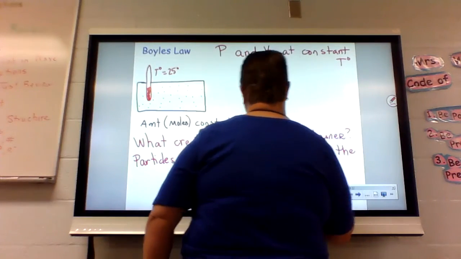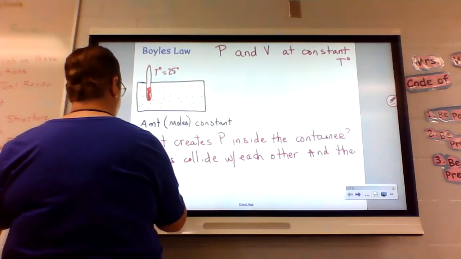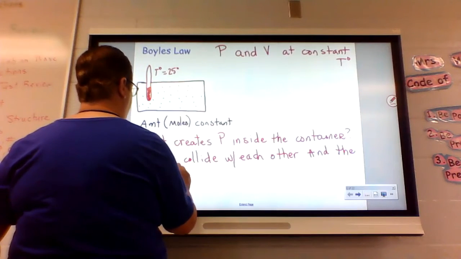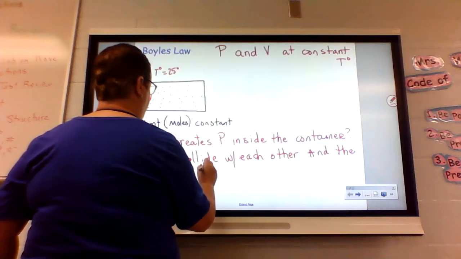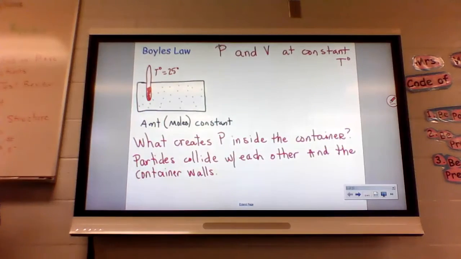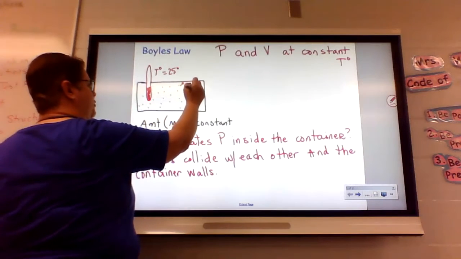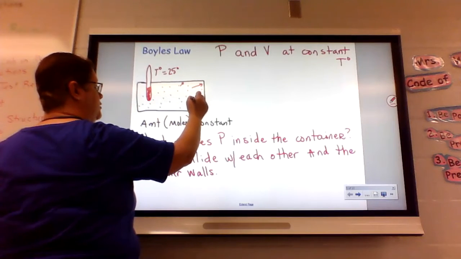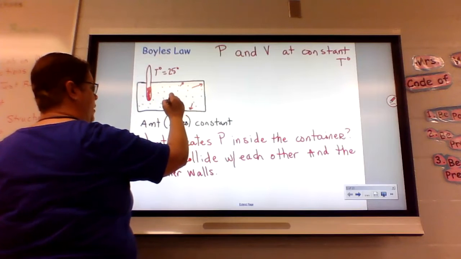And the container walls. All right. So pressure inside of the container is created when those molecules hit the container walls and each other. So as these molecules hit those container walls, we're creating pressure. Everybody with me on that?